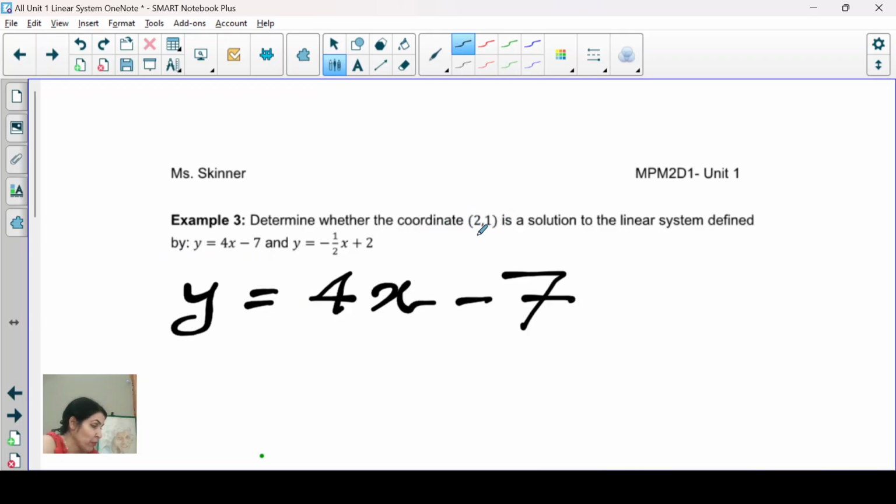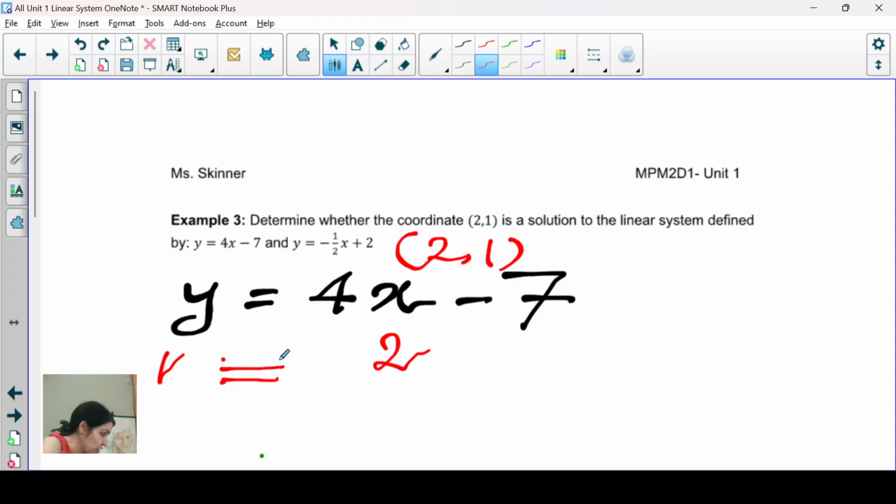If you put this point, 2 and 1, inside the equation, instead of x put 2, instead of y put 1. And then you put an equal sign, and on top of that put a question mark.